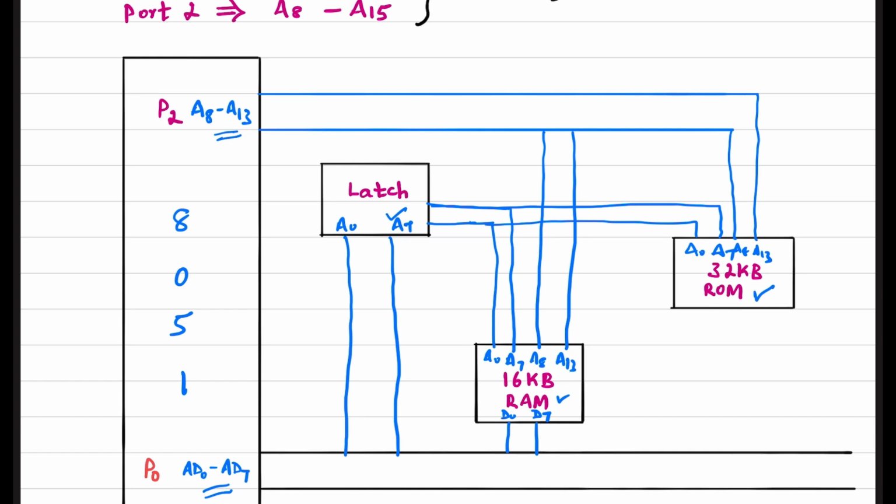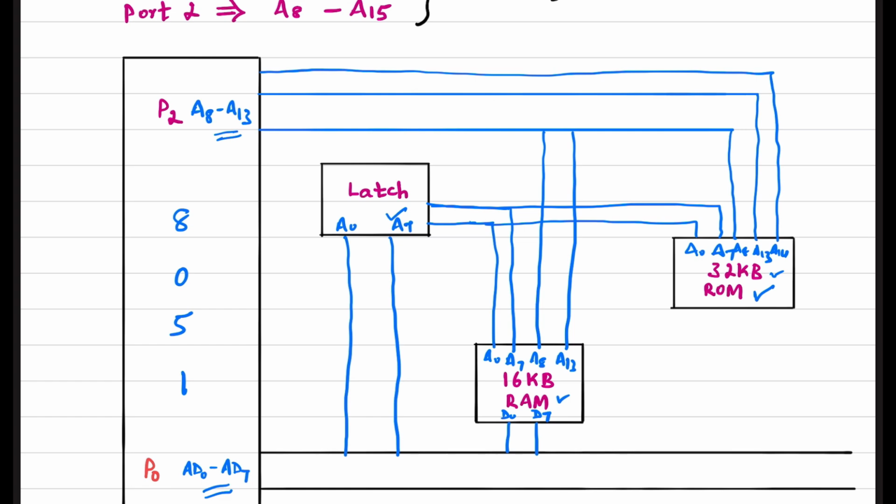So A14 is available for us. I'll be taking that as an individual line, and connecting it to the ROM memory. Now A0 up to A14 addresses the complete 32 kilobytes of memory.